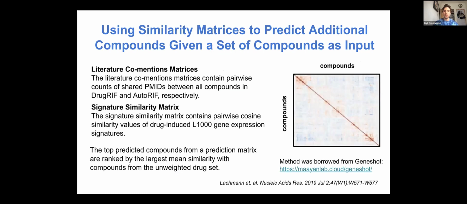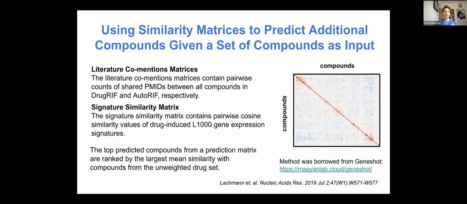So coming back to these drug-drug similarity matrices, there are two types that are used for predicting further compounds. One of which is the literature co-mentions matrices created from RIF and AutoRIF, which contain pairwise counts of shared PubMed IDs between all compounds in the respective association file. So there are two separate matrices for literature co-mentions.